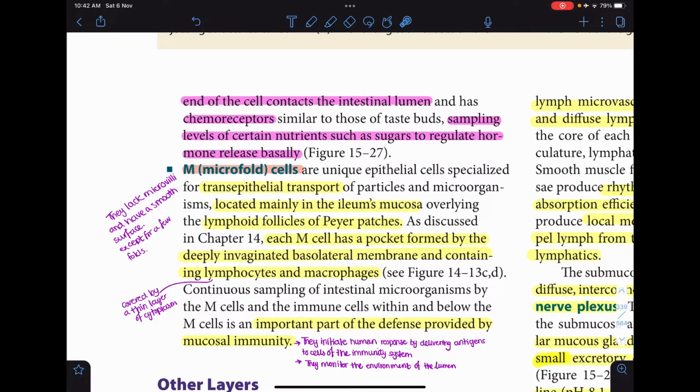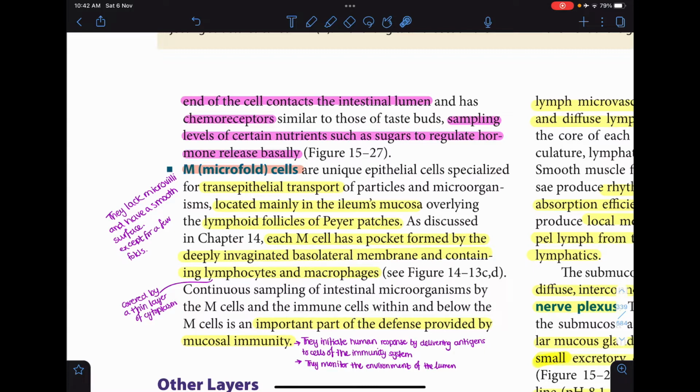So M cells, or the microfold cells, are unique epithelial cells specialized for transepithelial transport of particles and microorganisms. They are located mainly in the ileum's mucosa, overlying the lymphoid follicles of Peyer's patches.